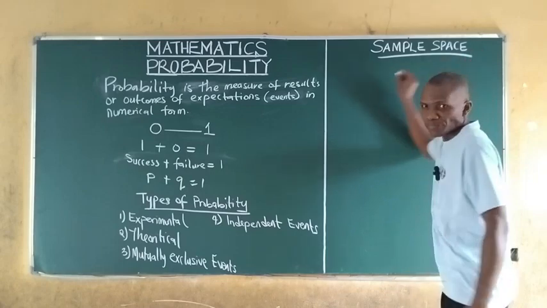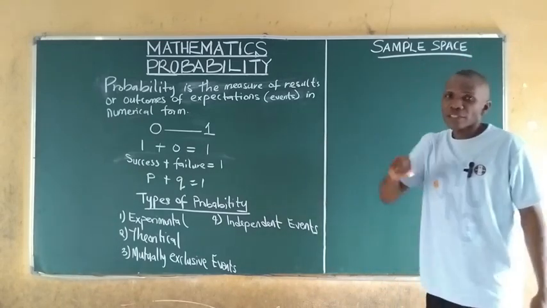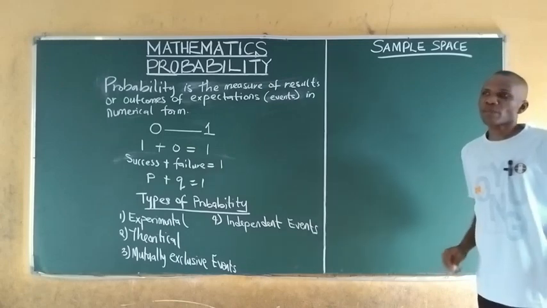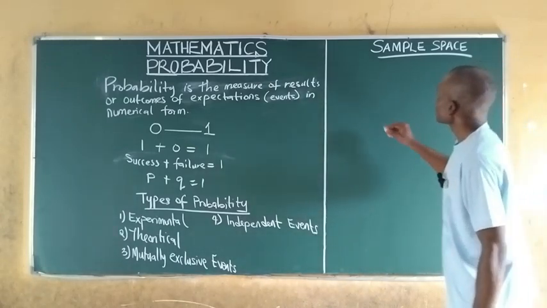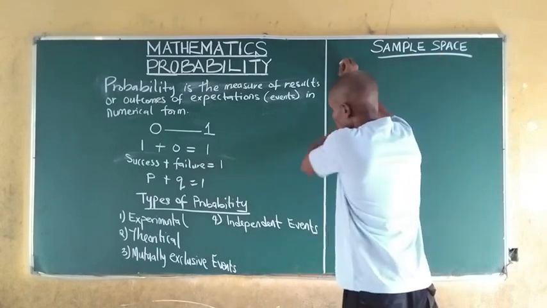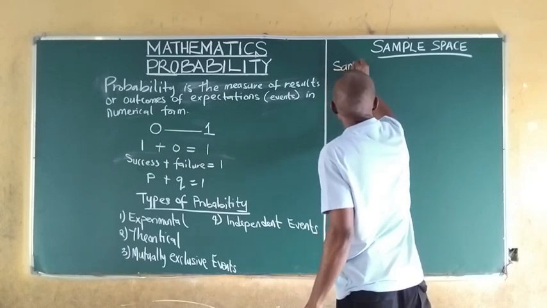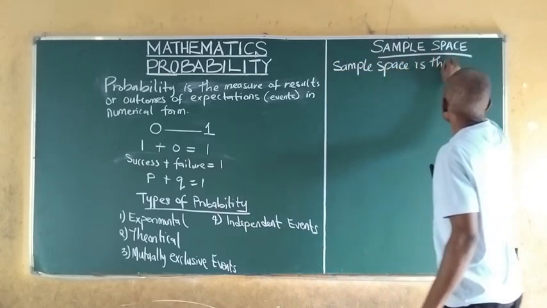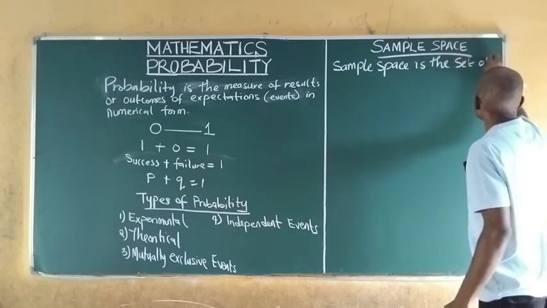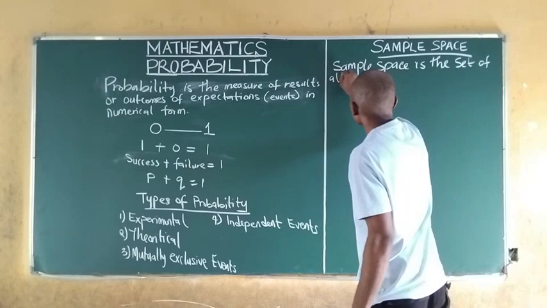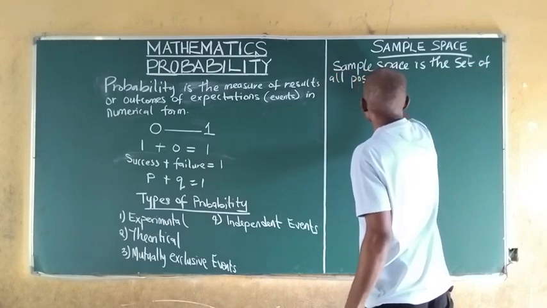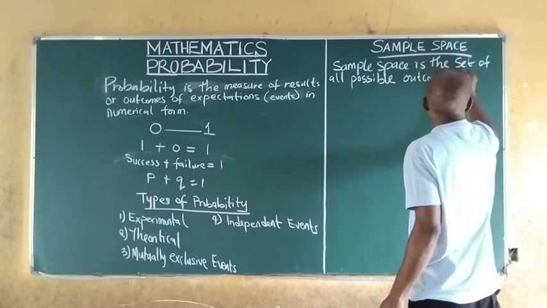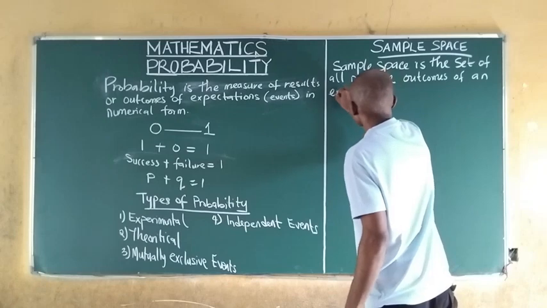The sample space is the set of all possible outcomes of an experiment.